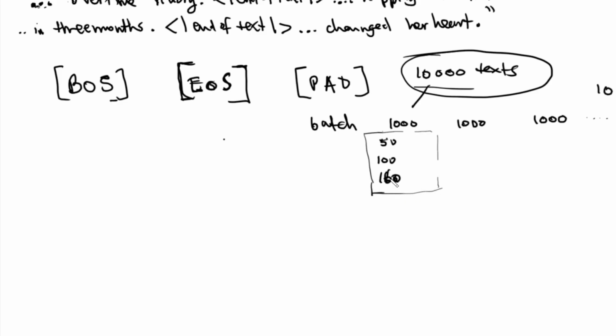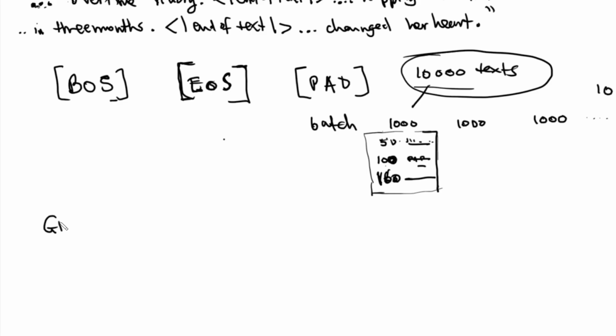So I'm going to take the longest tweet, which is 160. That is the length. For the ones that are less than 160, I'm going to add padding. And then you just add these pad tokens. For this one, you add 60 pads, and for this one, you add 110 pads, just to make sure that they have the same length. So that's what some researchers do. They add the padding token.